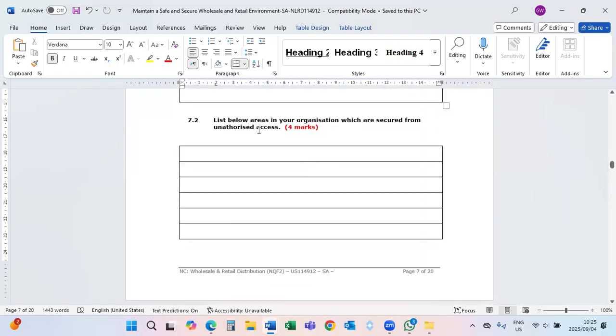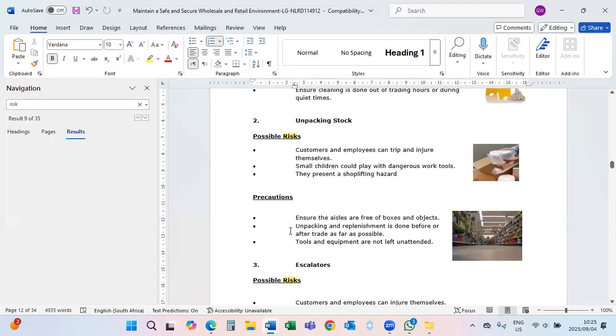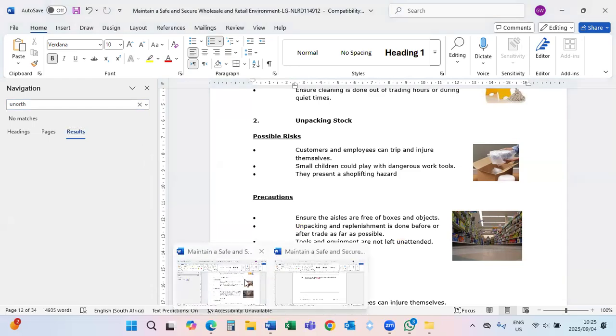List below areas in your organization which are secured from unauthorized access. So let's just go and have a look at the word unauthorized access. Sorry, I can't really spell today.